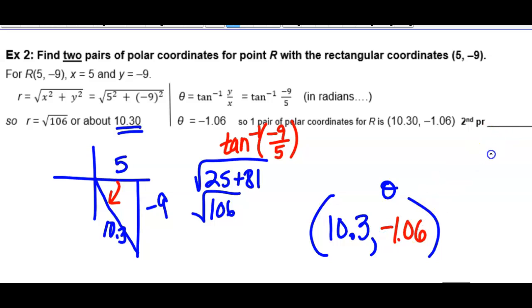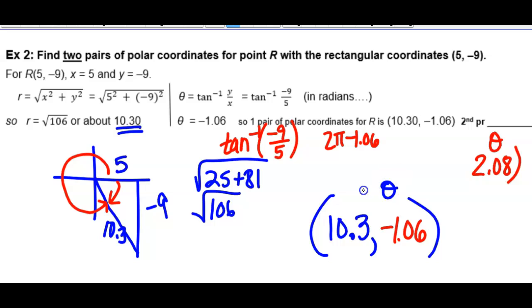Now, if you wanted another name for that spot, an easy name would be to say I'm going to go this way, which would be 2 pi minus 1.06, which if I do that, 2 times pi minus 1.06, you could have said I'm going to go positive 2.08 radians, and my r is still going to be 10.3.